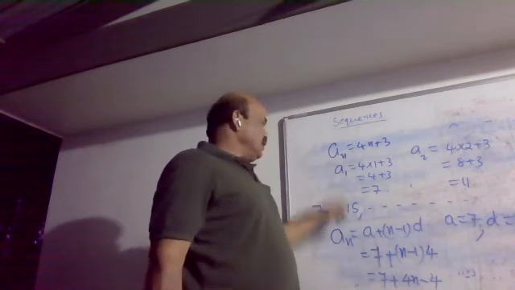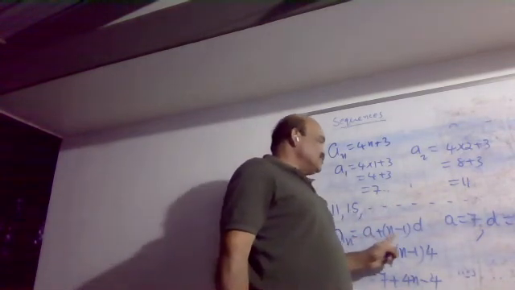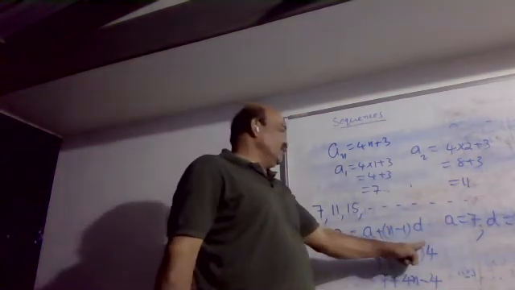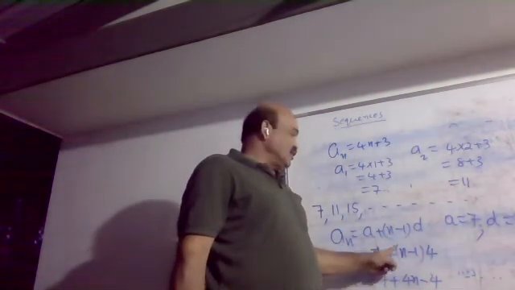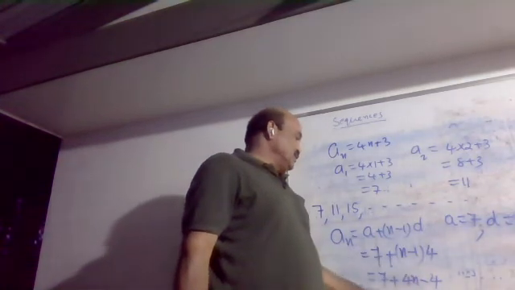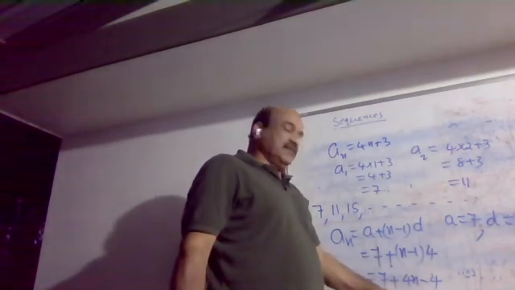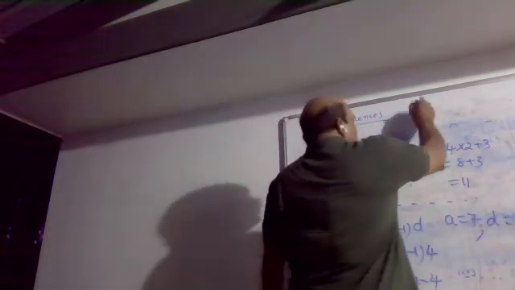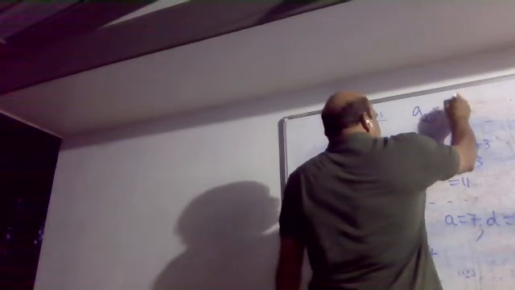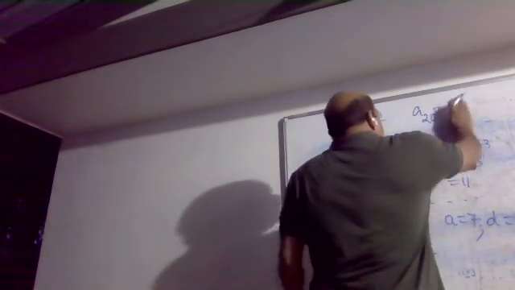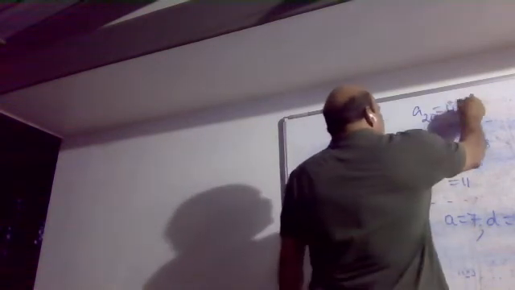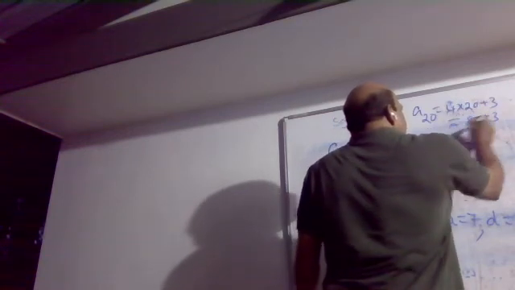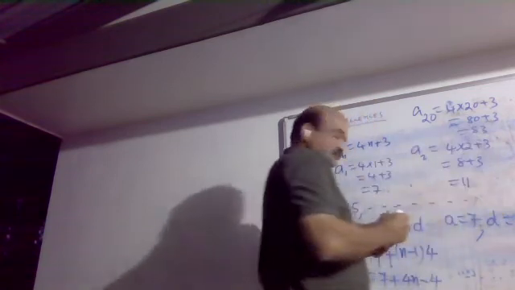Then the nth term is given by an equals a plus n minus 1 into d. Here a equals 7, d equals 4. So 7 plus 4n minus 4, that is 4n plus 3. Suppose you want to find the 20th term: substitute 4 into 20 plus 3, which is 80 plus 3, equal to 83.